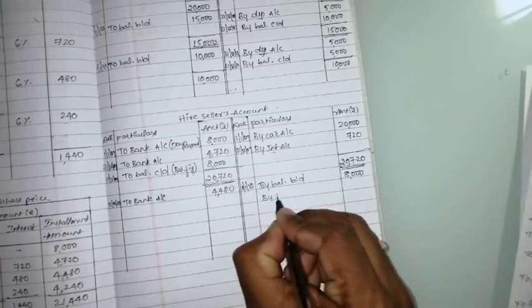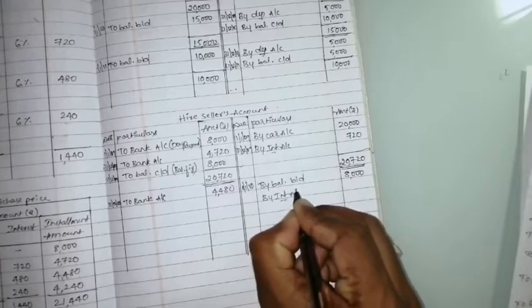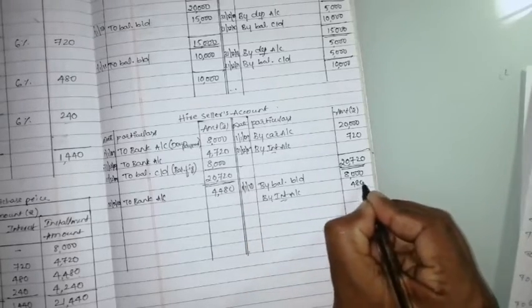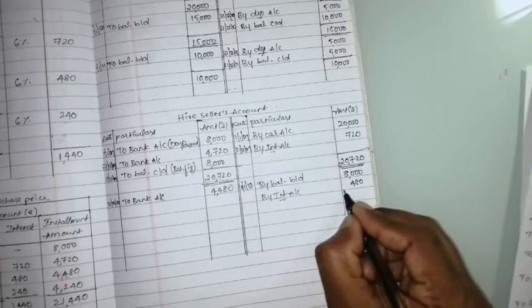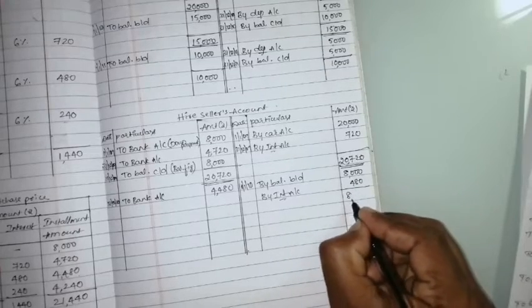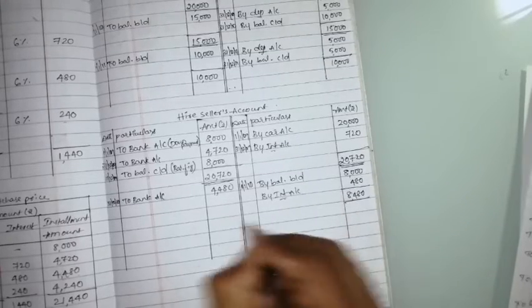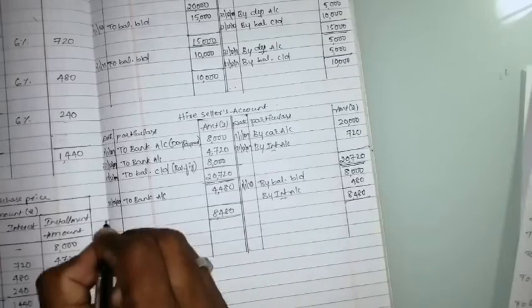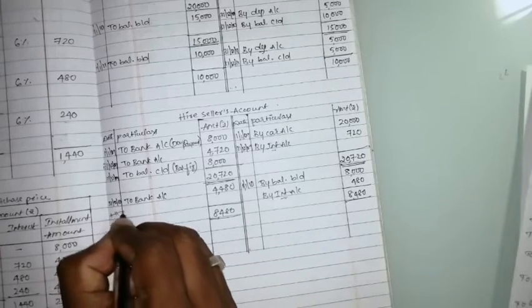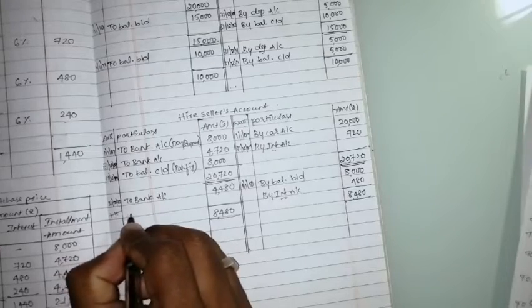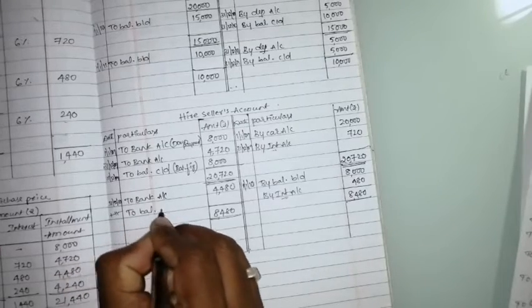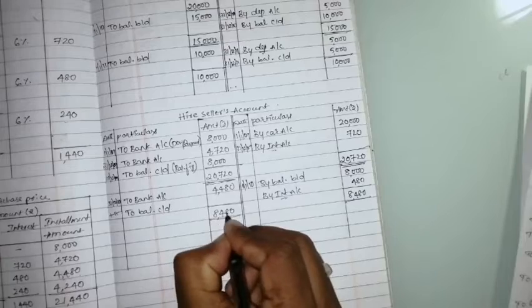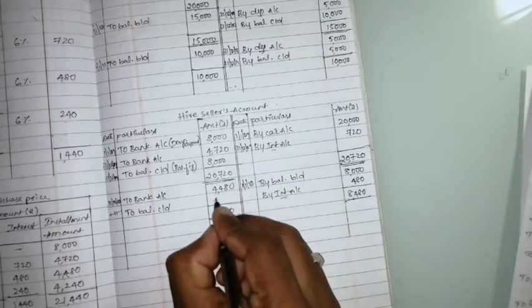So by interest account 480. Clear? Again, the credit side is more, 8,480. Then on 31st December 2010, to balance carried down, 8,480 minus 4,480, 4,000.